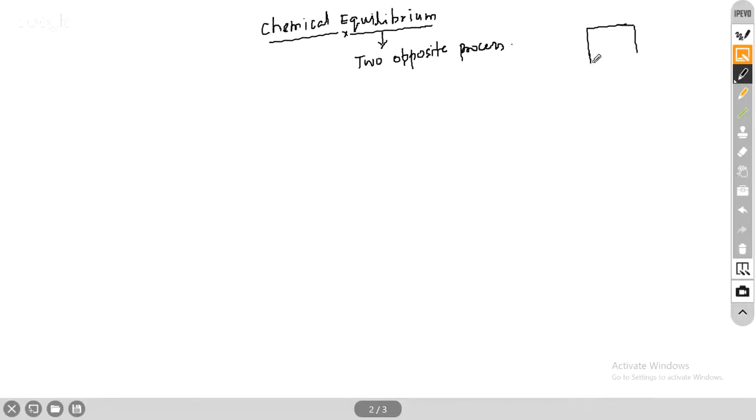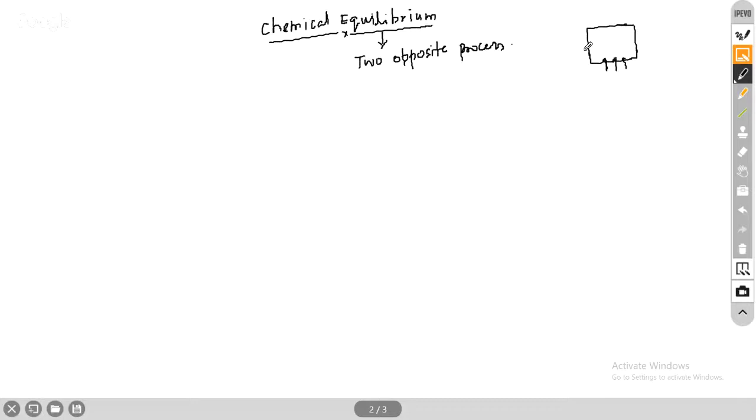If it is open, the equilibrium will never be maintained. I've told this in class also, the vessel must be closed wherever the reaction is taking place, because we have to conserve the mass of the reactant. If it is an open vessel and some mass goes into the atmosphere, then the possibility of equilibrium will not be there.